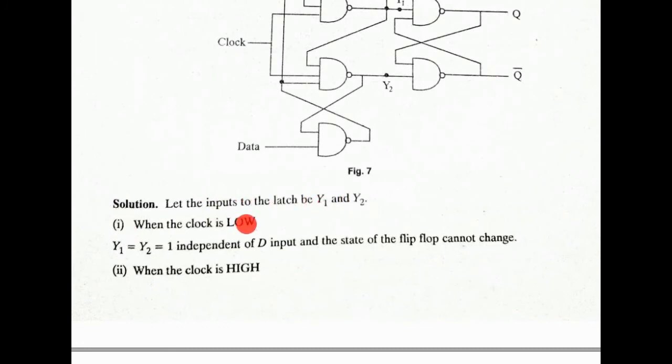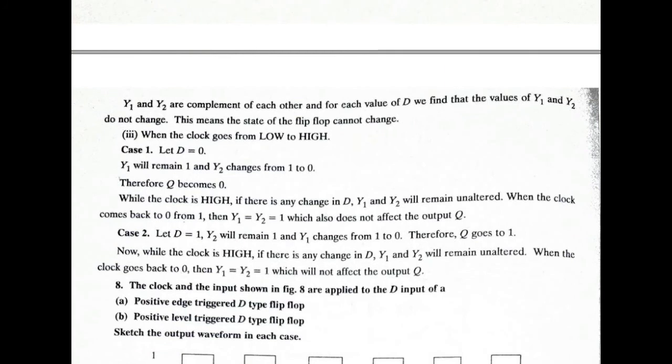When the clock is low, Y1 equals Y2 equals 1, independent of the D input, and the state of the flip-flop cannot change. When the clock is high, Y1 and Y2 are complements of each other, and for each value of D, we find that the values of Y1, Y2 do not change. This means that the state of the flip-flop cannot change.